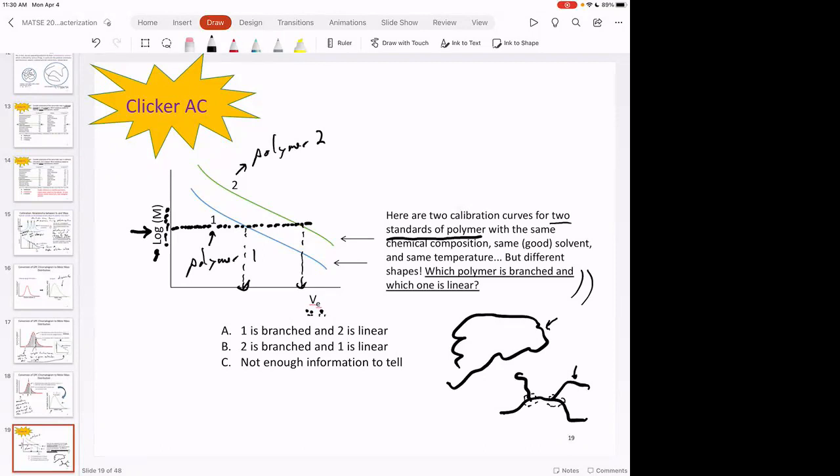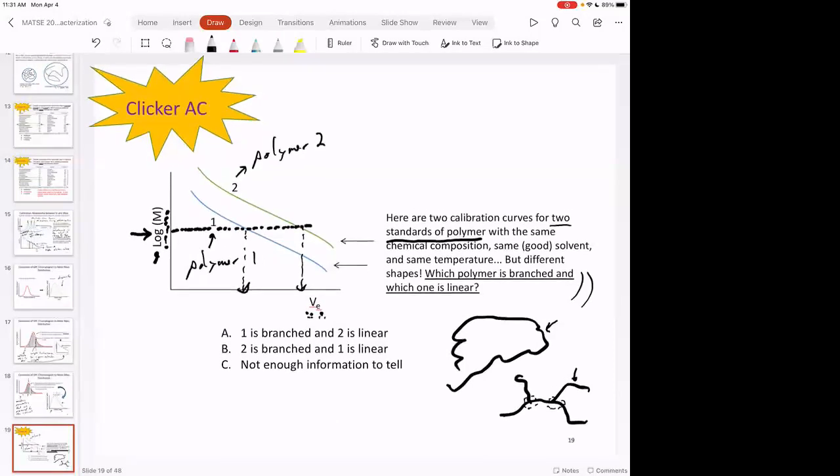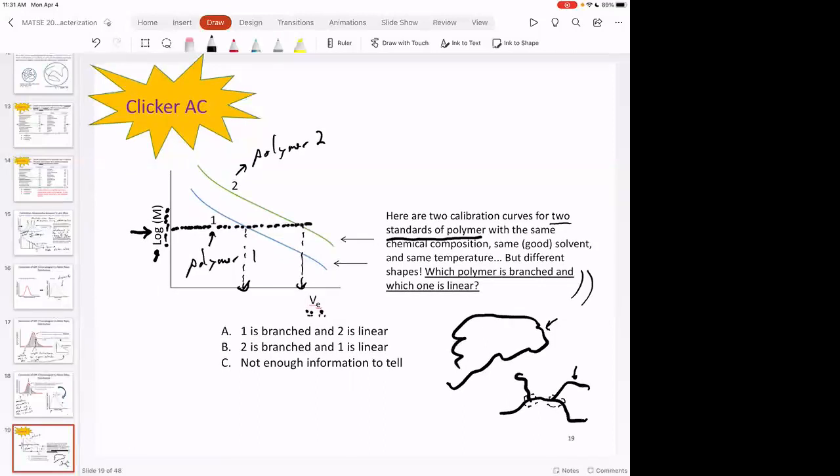For a given molecular weight, which polymer is larger in solution? Go ahead. 1. Yes, 1 is larger in solution, and we can read that right off the plot. Why is 1 larger? How do we know? Go ahead. Oh, okay. Because it takes less volume to get the same molar mass. Yep, 1.